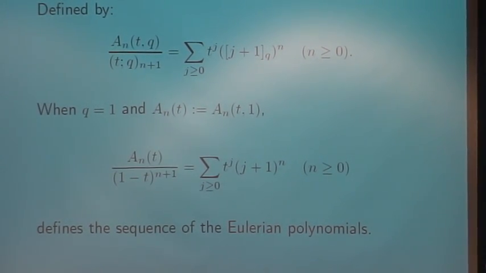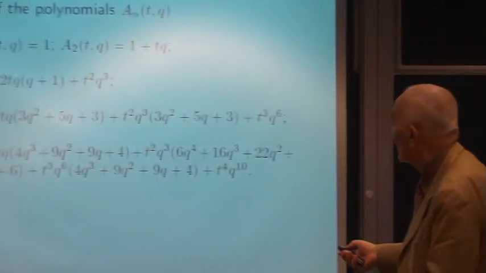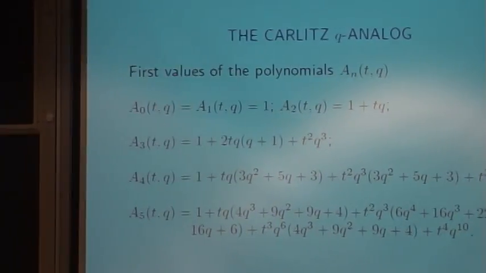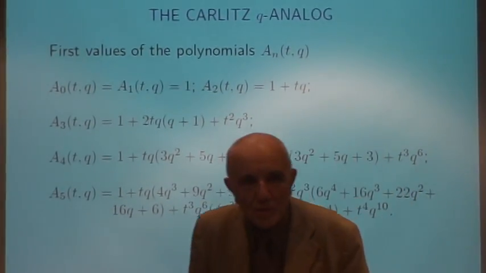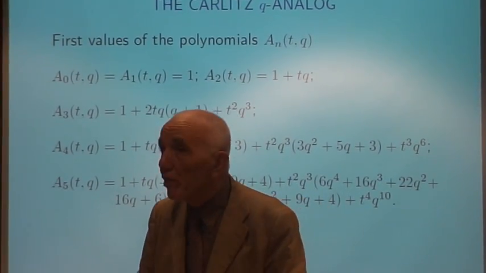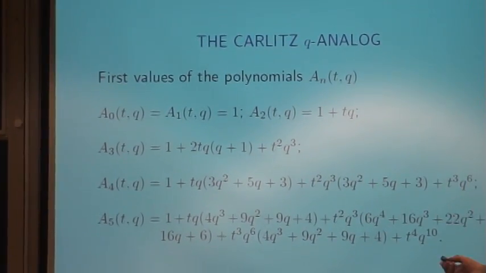And now I come to my point. Why have we introduced the doubloons? Hopefully, oh yes, look at this. Give a table. You see, when you introduce a sequence of polynomials, you better write the first values. So these are Carlitz's polynomials.